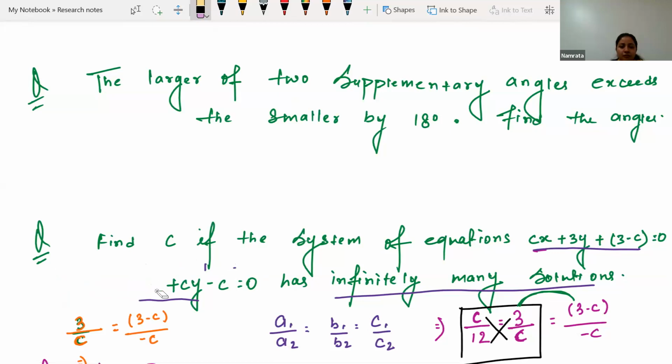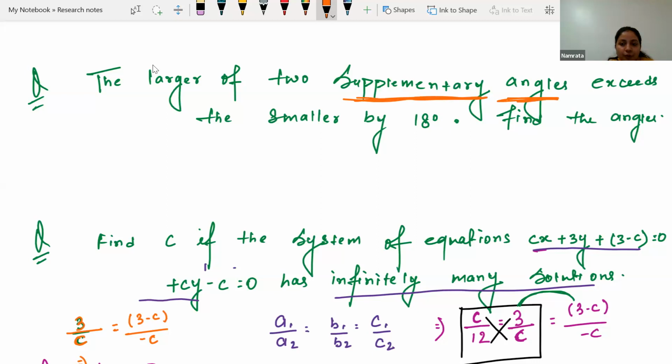Ma'am, here exceed means minus, subtracting by 18. Here we need to frame two equations, a pair of linear equations in two variables, and then we have to solve it. Supplementary angle is the catch word.